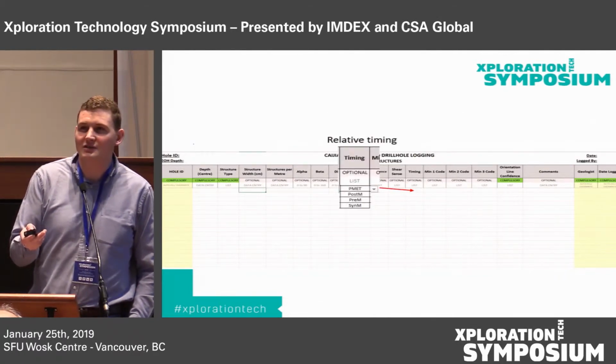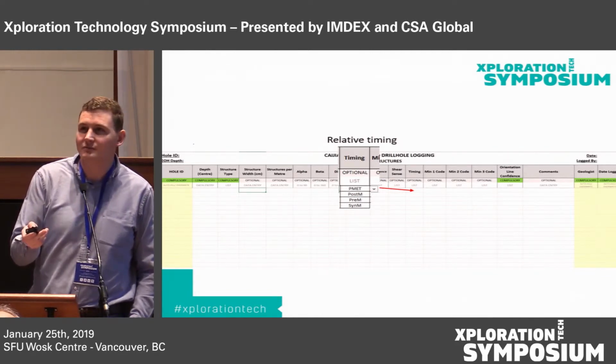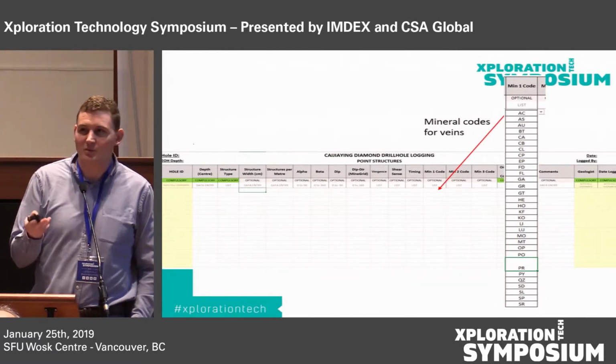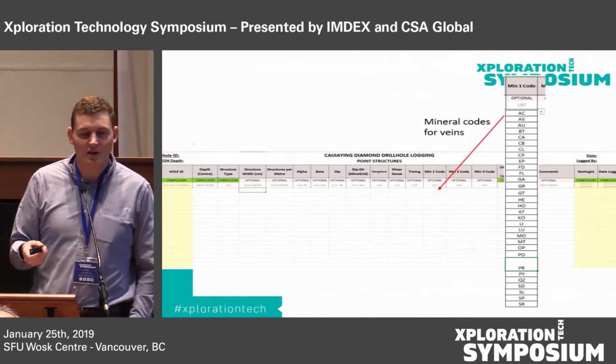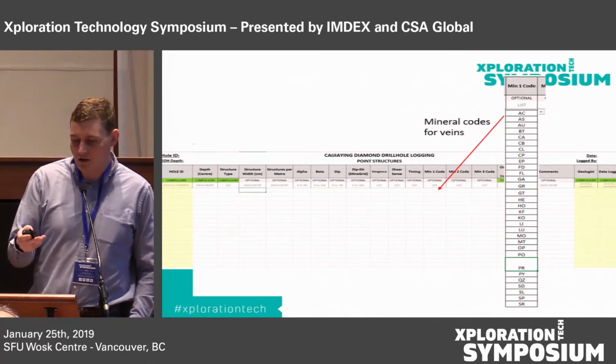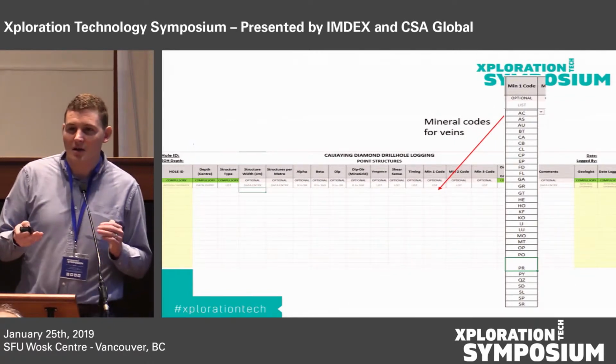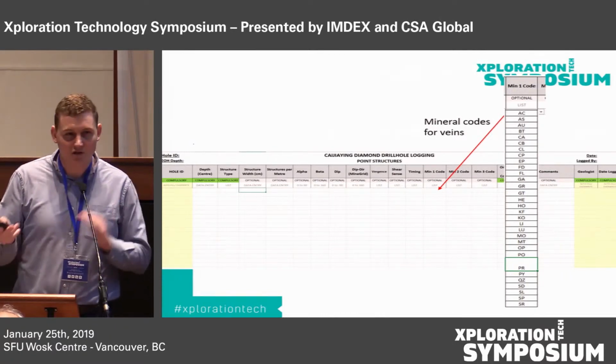Relative timing is another important point to try and note. Very critical, mineral codes. What minerals are associated with each structure type? You can have alteration codes. You can have color. We can add a whole bunch here. And what we're trying to get to is observation and not interpretation.